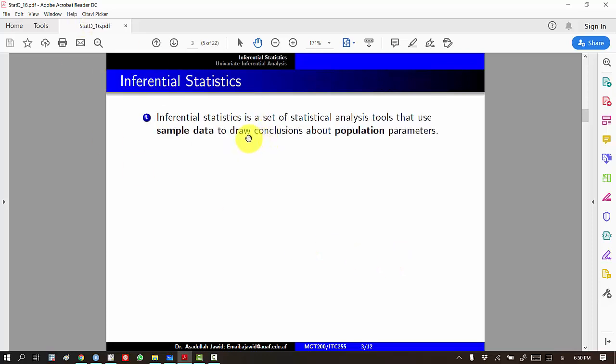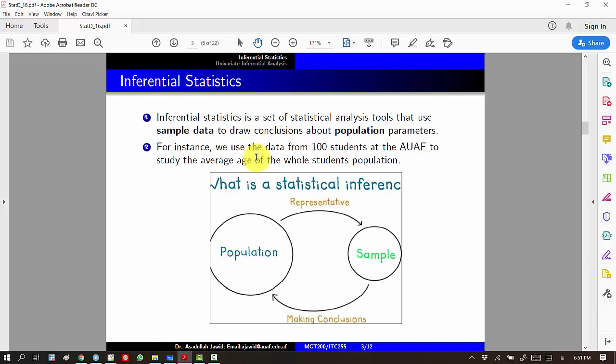Inferential statistics is a set of statistical analysis tools that use sample data to draw conclusions about population patterns. For instance, we use data from 100 students at the AUAF to study the average age of the whole student population.